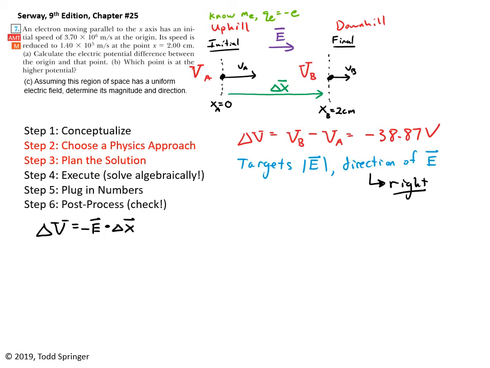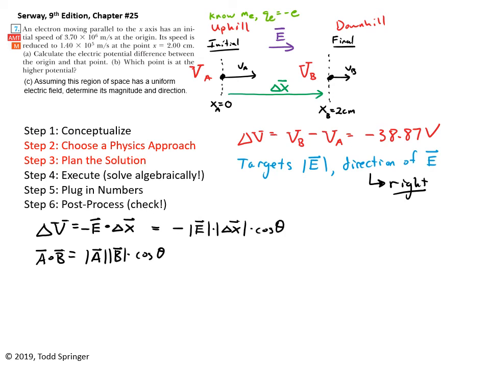The only thing to be careful of is this dot product. Remember that the dot product of two vectors, A dotted with B, is equal to the magnitude of A times the magnitude of B times the cosine of the angle between those two vectors. So in this case, delta V is going to be minus the magnitude of E times the magnitude of delta X times the cosine of the angle between those two vectors.